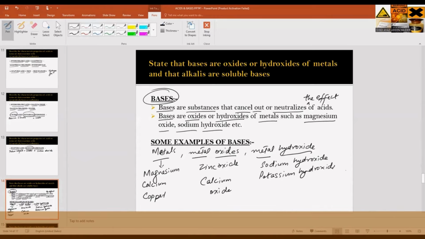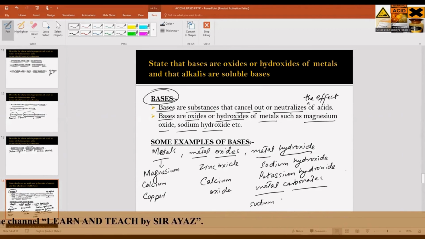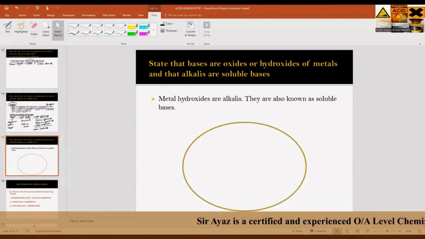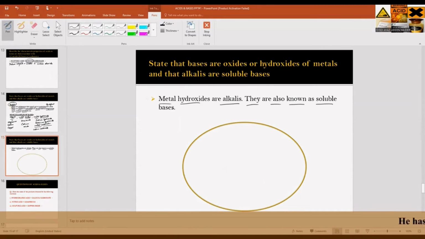You can also have metal carbonates, which neutralize the effects of acids. Metal carbonates, a common example is sodium carbonate. Metal hydroxides are alkalis. They are also known as soluble bases.